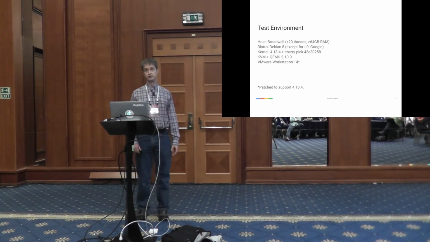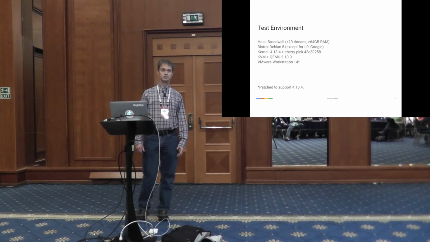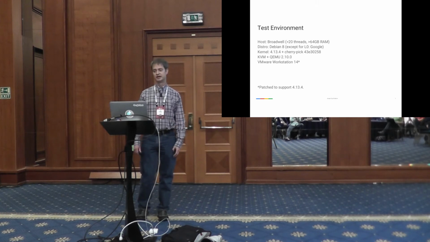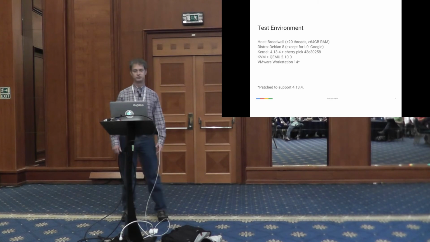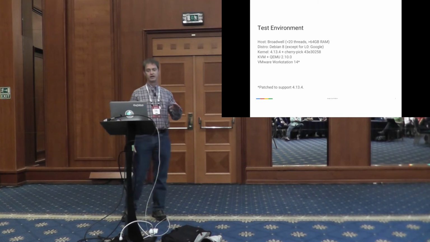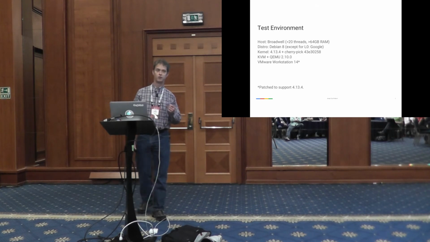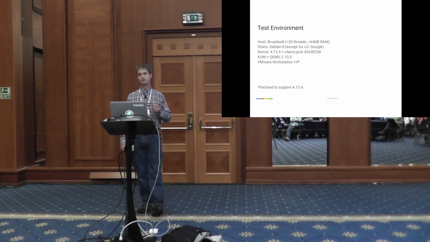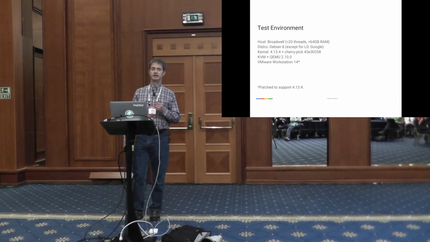You probably all know that we don't use QEMU at Google, but I use QEMU for these experiments, QEMU 2.10.0. And to compare, I grabbed VMware Workstation 14, which was just recently released. VMware has supported nested virtualization in Workstation for 5 years, I think.